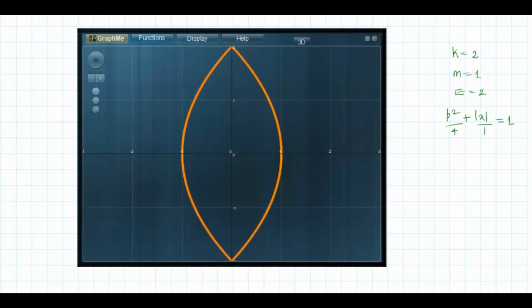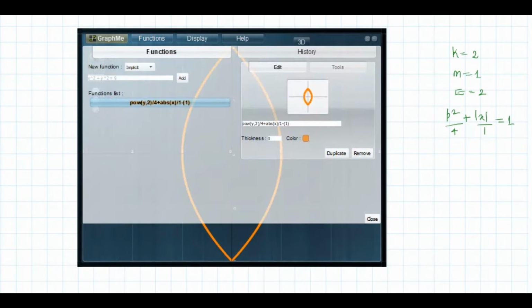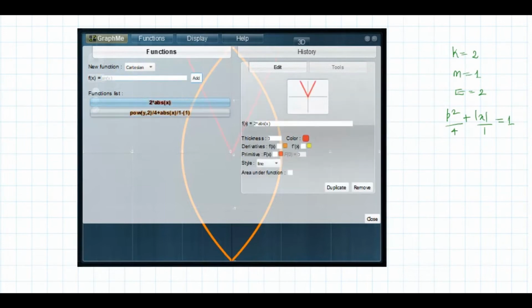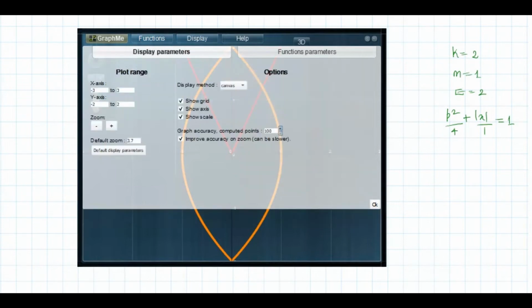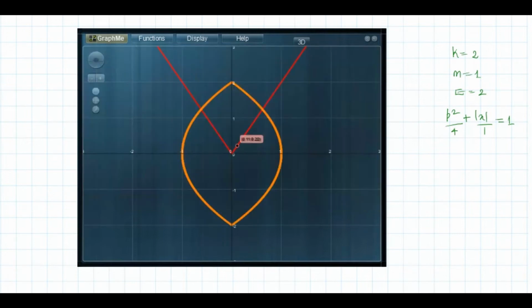I will plot the potential energy curve also. It is Cartesian. It is k mod x. K is 2, so it is 2 into absolute value of x. I think we can take y from -3 to 3. It will be something like this.